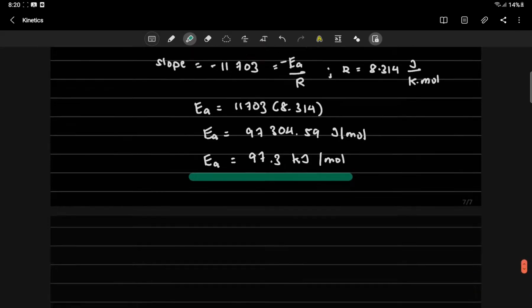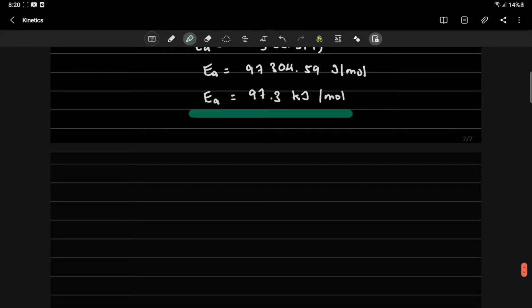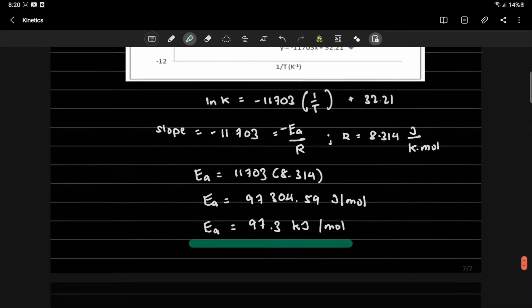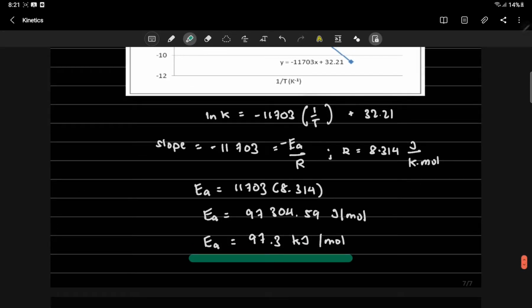And for the collision frequency, in our plot, we obtain a value for the y-intercept na 32.21, right?